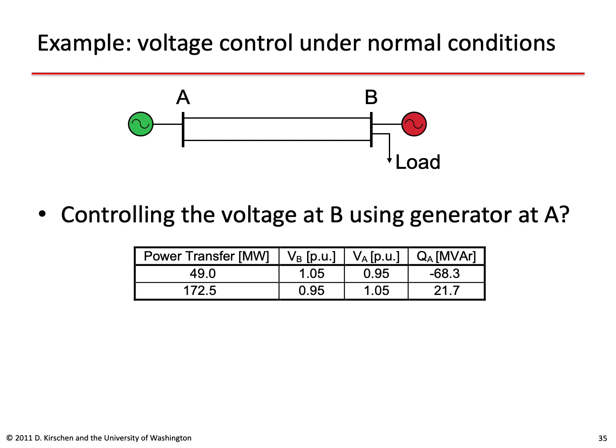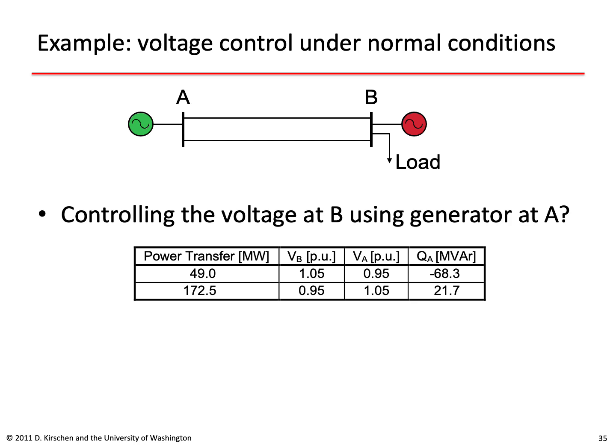For example, if we try to maintain the voltages at both buses between 0.95 and 1.05 per unit, we can only transfer no less than 49 megawatts and no more than 172.5 megawatts from A to B. If we transfer 49 megawatts from A to B, the voltage at B is at its maximum value of 1.05, while the voltage at A is at its lowest value of 0.95. If we try to transfer any less than 49 megawatts, these voltages would exceed the upper limit at B and the lower limit at A.